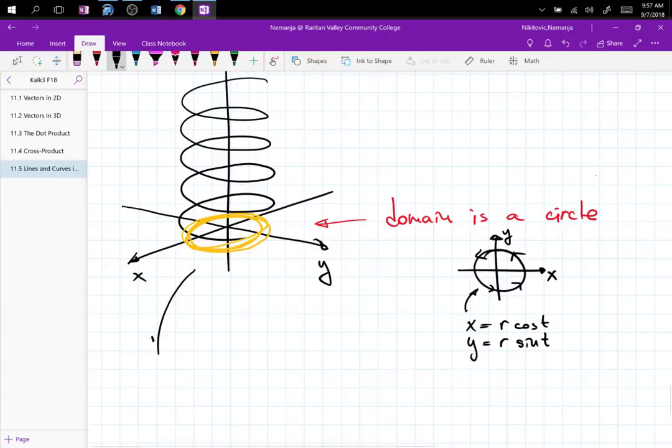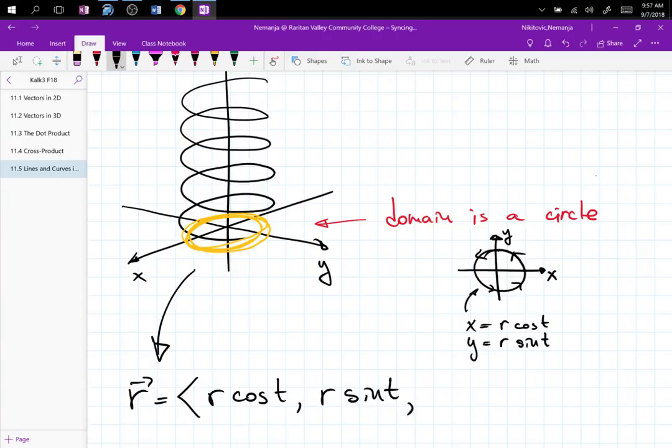Well, two dimensions are already given. That's your domain. So r cosine t and r sine t, which is what gives us the circular base. And now you observe the rise.